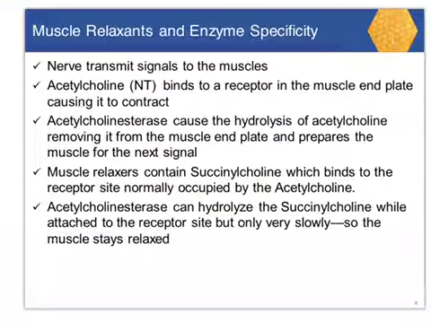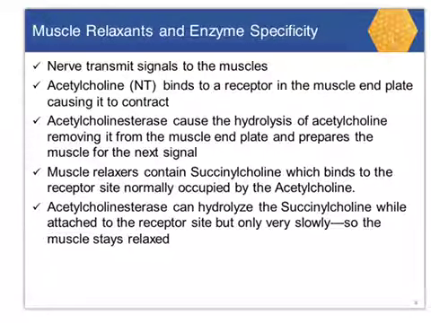Here I'm going to give you an example of enzyme specificity. And one of those is with muscle relaxants. A lot of people have to take muscle relaxants. So, nerve transmits signals to muscles. Acetylcholine, which is a neurotransmitter, binds to a receptor in the muscle end plate, causing it to contract. Acetylcholinesterase causes the hydrolysis of the acetylcholine, removing it from the muscle end plate, and prepares the muscle for the next signal.